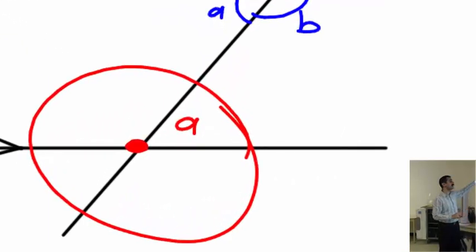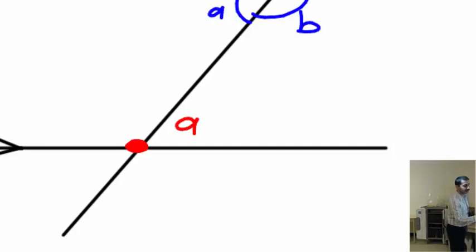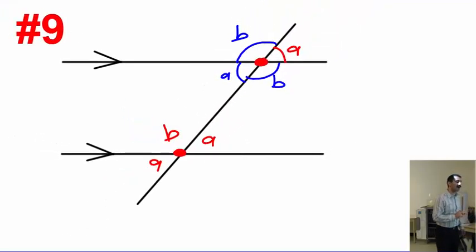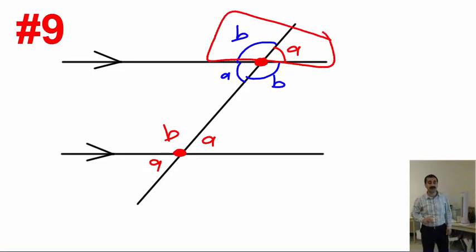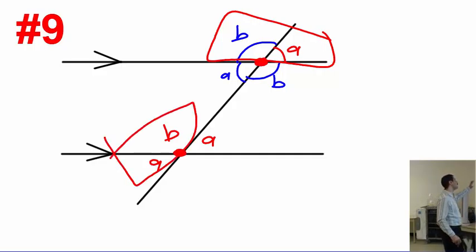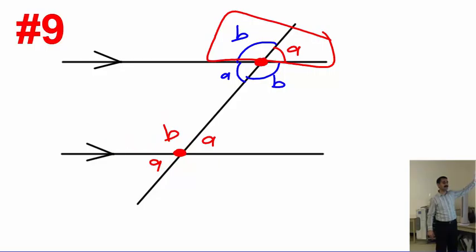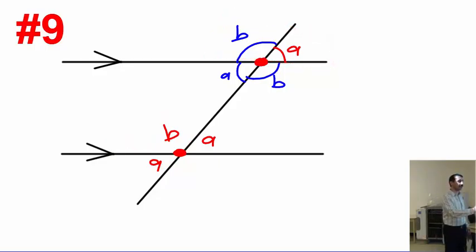From the cross line, this is going to be A as well. And the other one is going to be B. How do I know it's going to be B? Because this together completes itself to 180 degrees, so therefore this is supposed to be B.